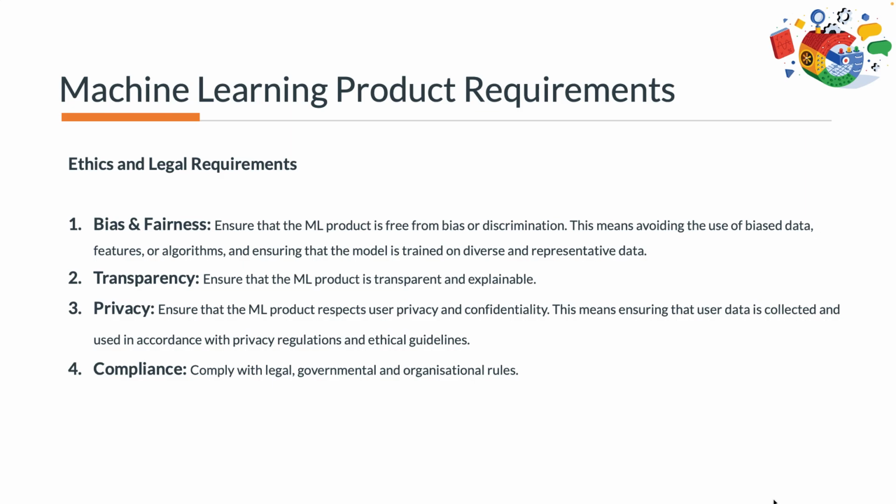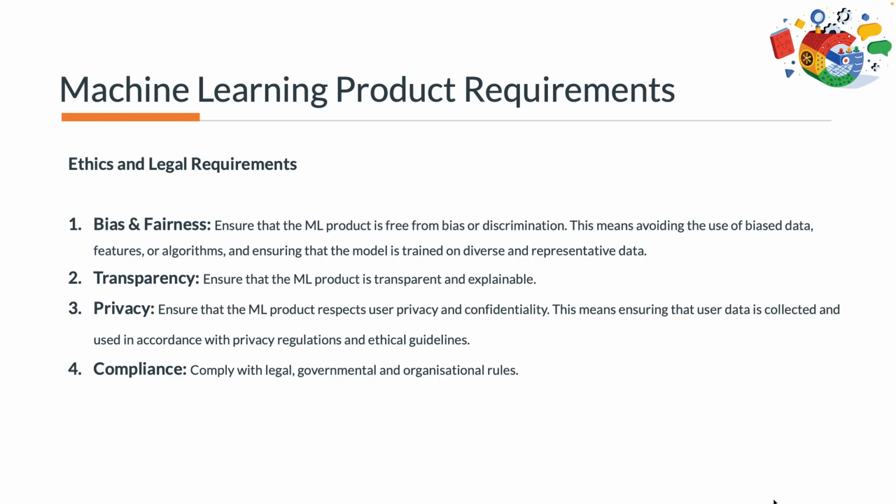The second one is transparency. Ensure that the machine learning product is transparent and explainable. For example, if you create a machine learning product for a self-driving system and an accident happens, then you may be required to explain the machine learning logic so that the judge, for example, or the court understands who is at fault. So the machine learning product should be easily explainable.